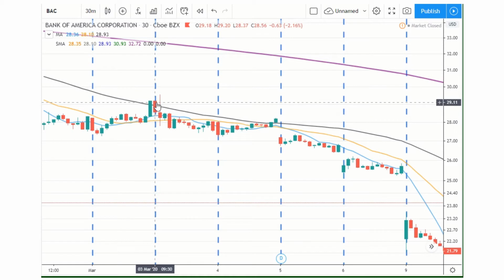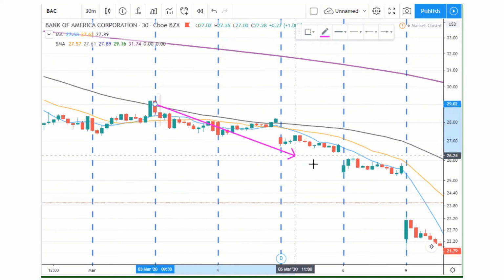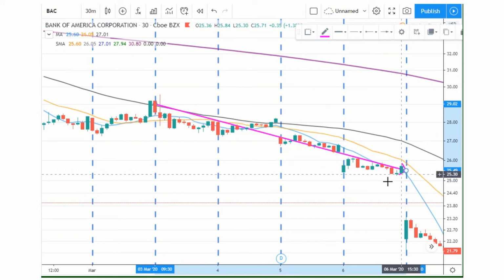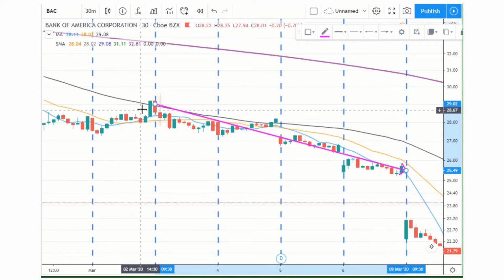So on the second trading day for that week, it started to fall. And it fell from 29.11, and it went all the way down to 25.49, approximately. So it fell about 3.5 points.